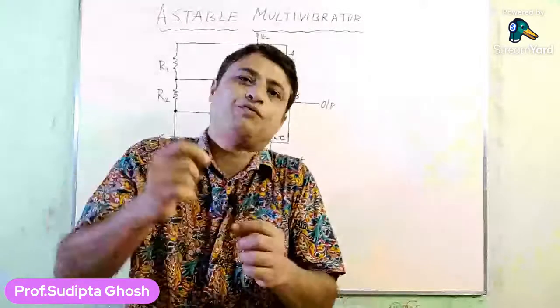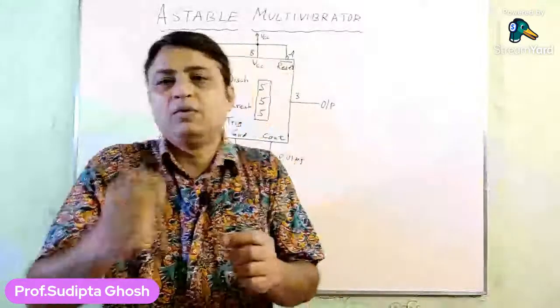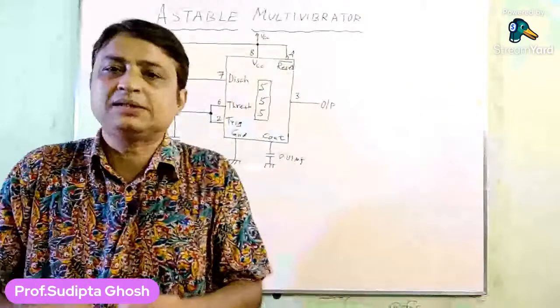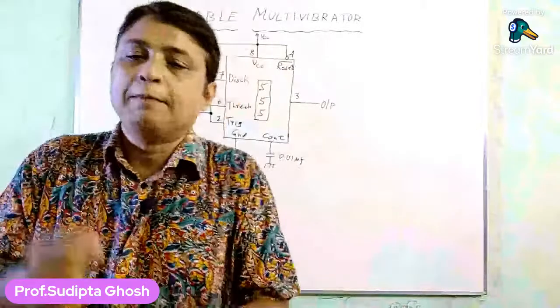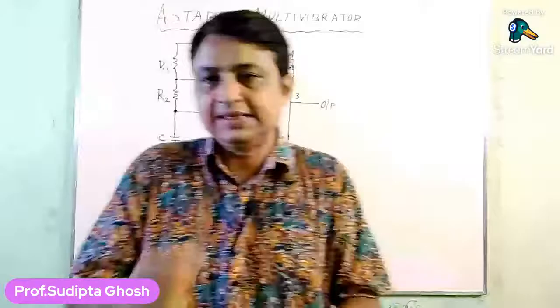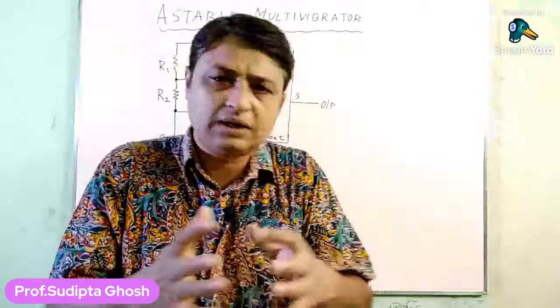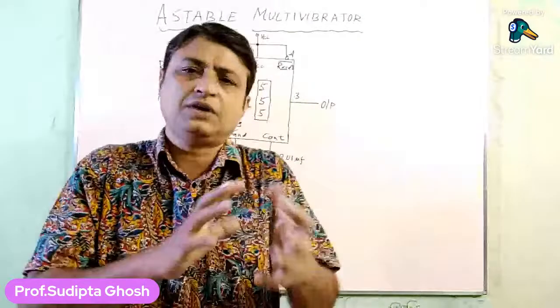As it goes on charging, one time will appear when the capacitor voltage goes beyond the value of 2/3 VCC. 2/3 VCC, as we all know, means approximately 3.33 or rather 3.4 volts.